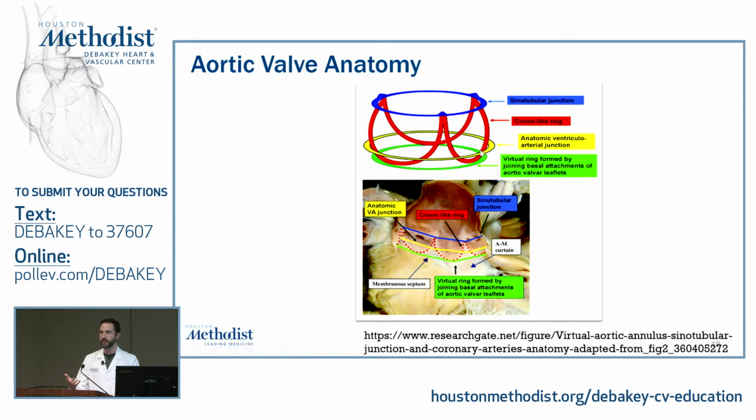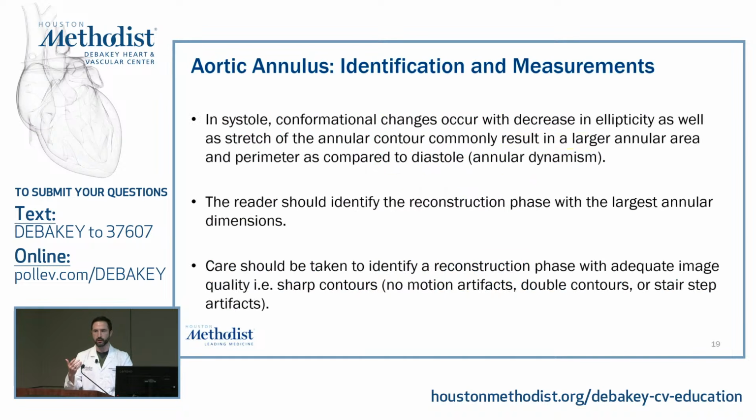It's not a real structure, it's a virtual ring, basically, formed by joining the basal attachments of the aortic valve leaflets. Now, the top of the leaflets is basically your sinotubular junction. And then above that is your aorta. So when we do your measurements for the aortic annulus, you want to make sure that you identify the lowest attachment of all three leaflets. And we're going to go over that in great detail.